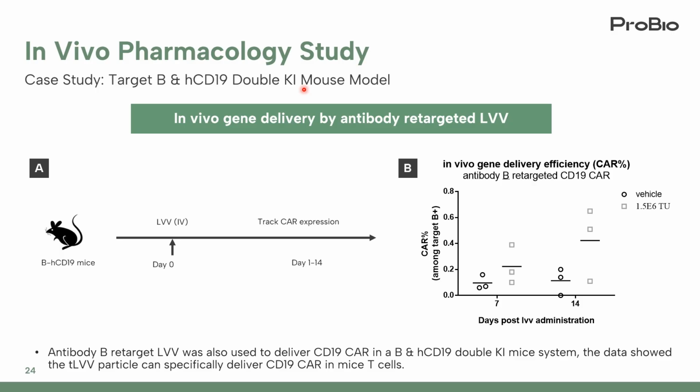Similarly, we observed a time-dependent expression of CD19 CAR after the lentivirus administration, but no visible change with the vehicle control. This data further demonstrates the specificity and the efficiency of antibody retargeted lentivirus expression systems.